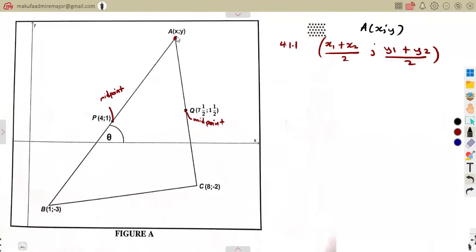So you're simply going to add the x values, the x value here and the x value at B. So in this case, I'm going to choose the line AB. So from the midpoint of the line AB, x on A plus the x on B, which is 1, over 2. That's the mid value.